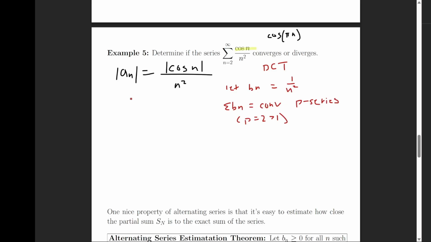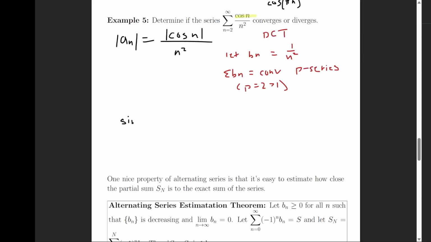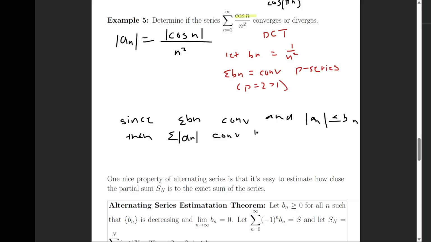So then, using this, we could just write: since the absolute value of a sub n is less than b sub n, and b sub n converges, then the absolute value of a sub n converges by the direct comparison test, then a sub n converges absolutely.